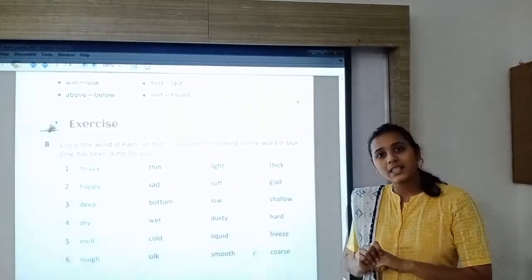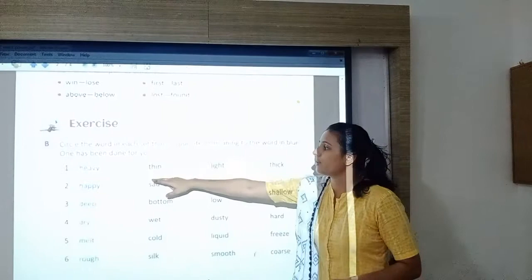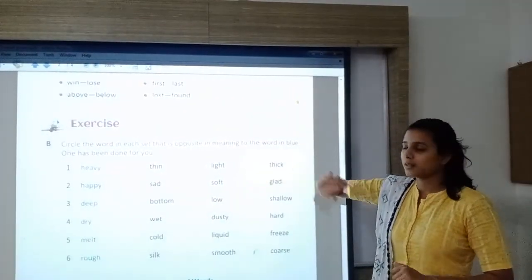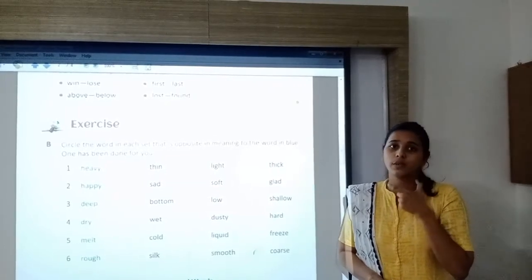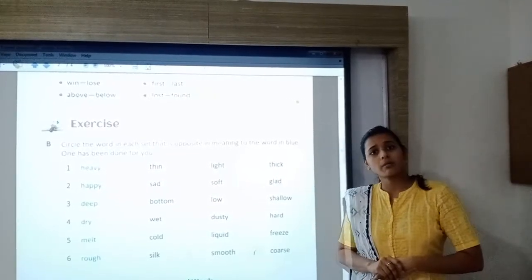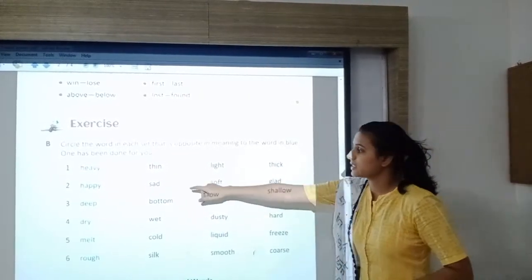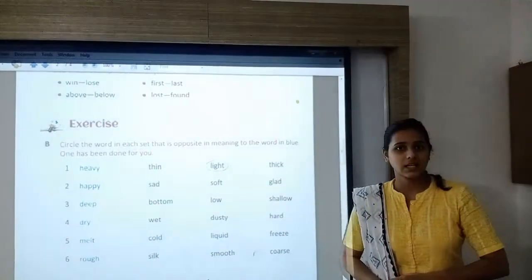That means light. So the opposite of heavy will be light. Second is happy. The opposite of it will be sad, when we are not happy. So here we can see the opposite word of it, sad.